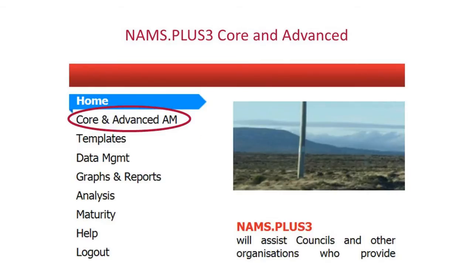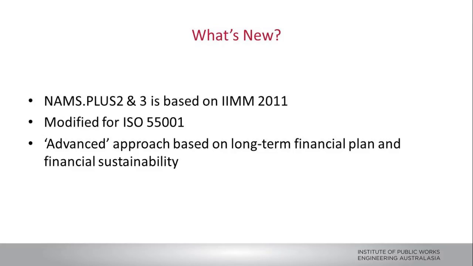NAMS+3 provides a core and advanced approach to asset management. The core approach is based on the recommendations of the International Infrastructure Management Manual. NAMS+3 also provides a NAMS Lite template, a simpler version for core asset management. We encourage users to start at the core approach. NAMS+2 and 3 are based on the International Infrastructure Management Manual 2011 edition.